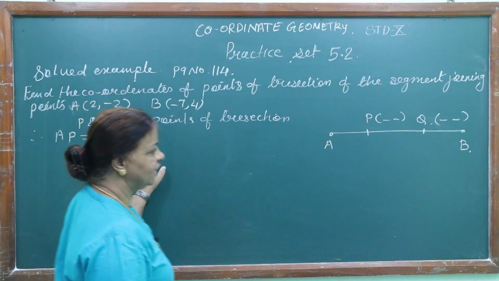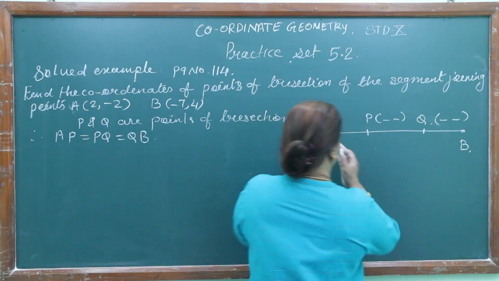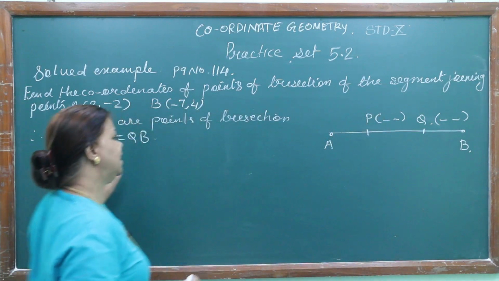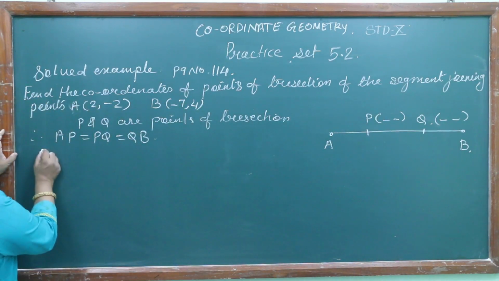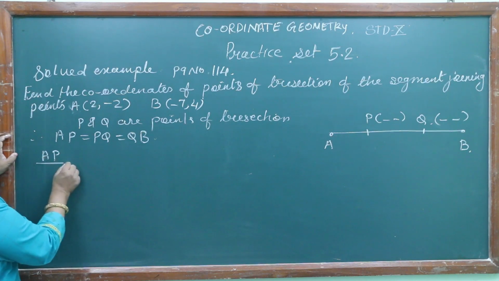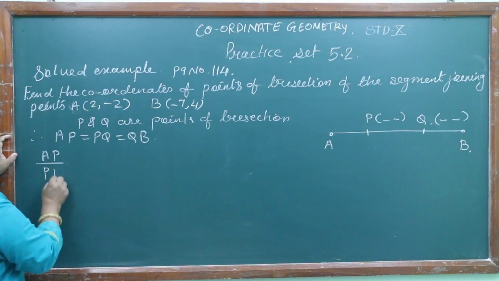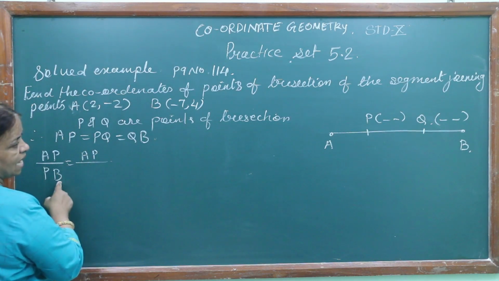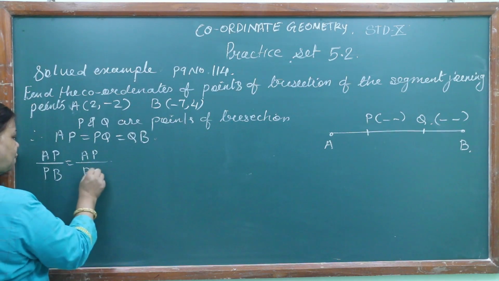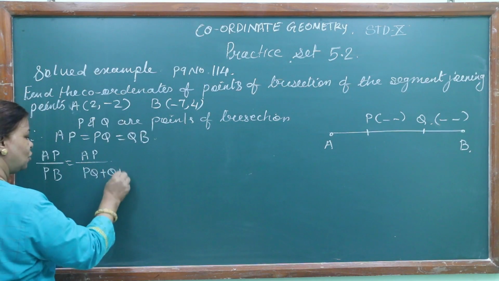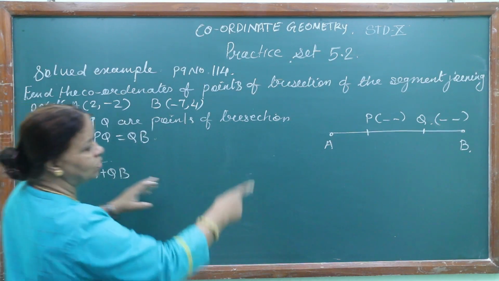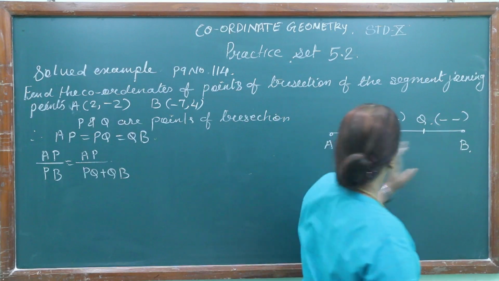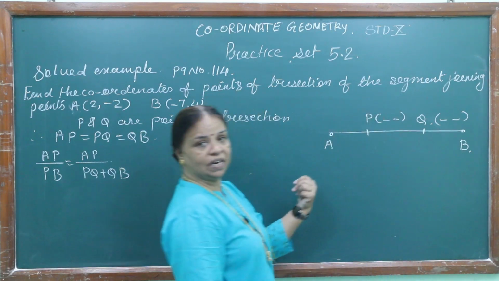All these parts are equal to one another. So now if I take AP upon PB, I can write PB as PQ plus QB, because PB is equal to PQ plus QB, but all these sections are equal to one another.